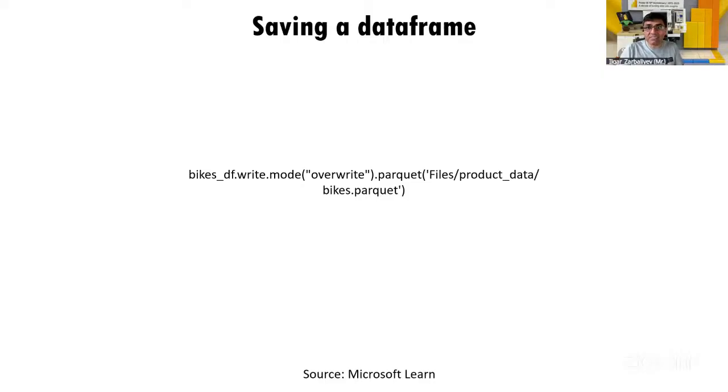The Parquet format is typically preferred for data files that you will use for further analysis or ingestion into an analytical store. Parquet is a very efficient format that is supported by most large-scale data analytical systems. In fact, sometimes your data transformation requirement may simply be to convert data from another format, such as CSV to Parquet.